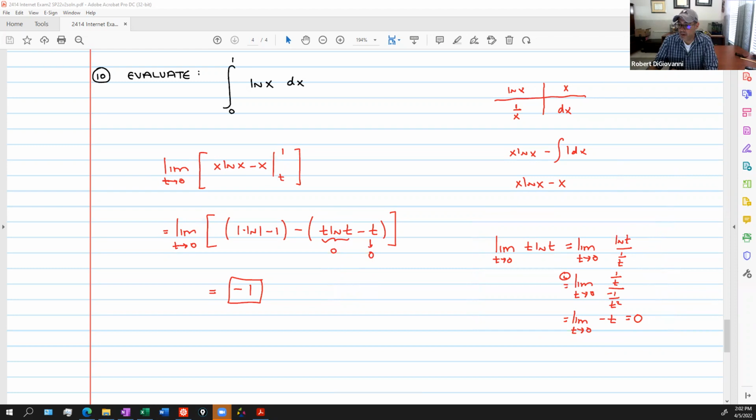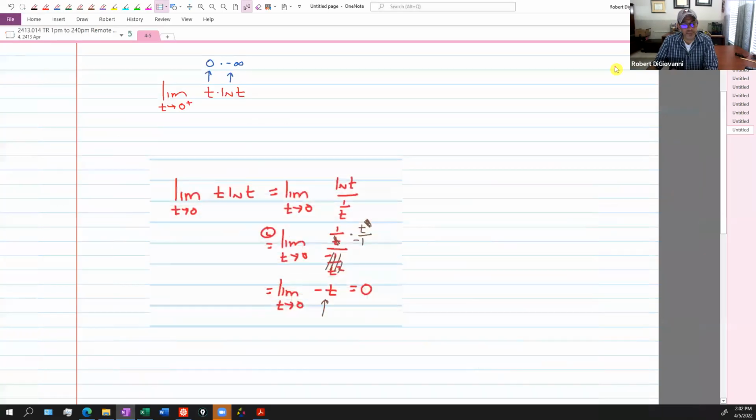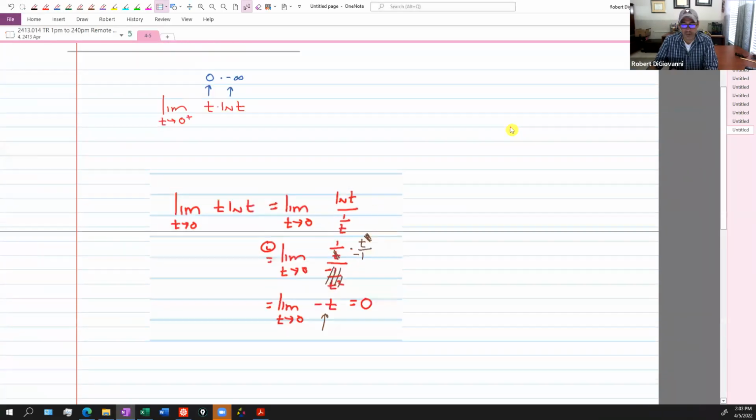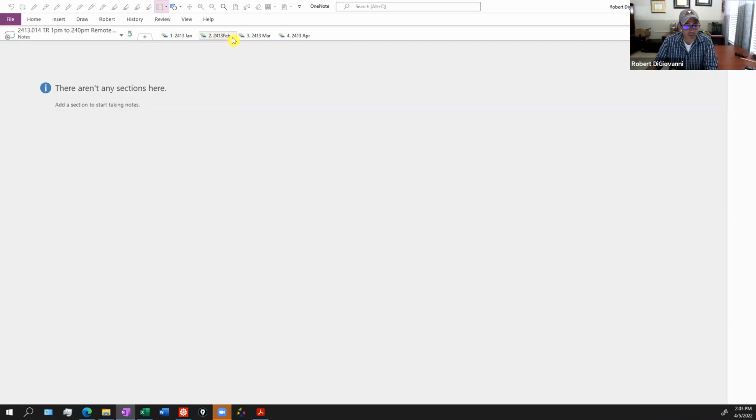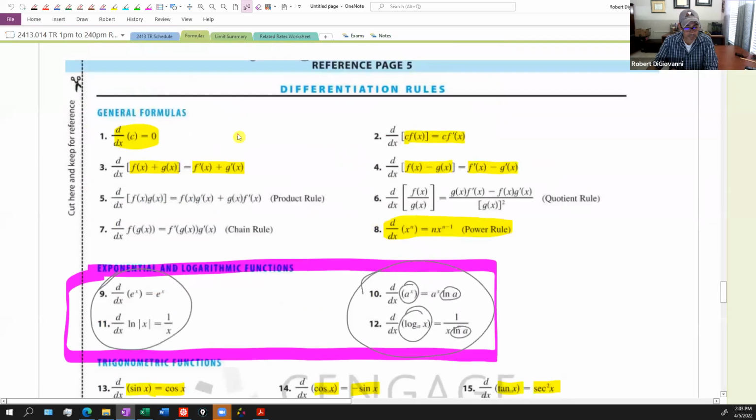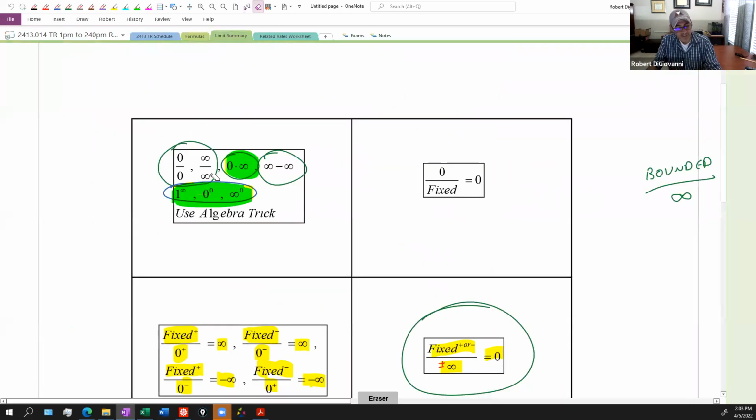Okay, everybody all right? What we've dealt with so far today is that we can handle 0 over 0, infinity over infinity with L'Hopital. 0 times infinity, we can drop one of them.